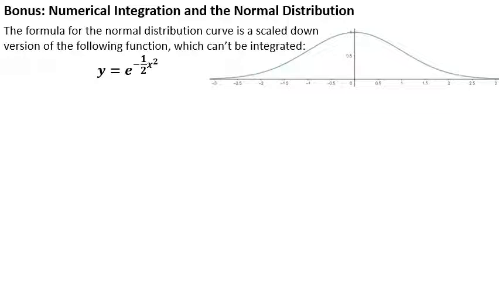Now, this particular curve I've shown on the screen isn't the normal distribution curve. It isn't any normal distribution curve, because any normal distribution curve, including the standard normal distribution and any other version with different means, different standard deviations, in other words, translated horizontally or stretched or squashed horizontally, none of those are this curve.